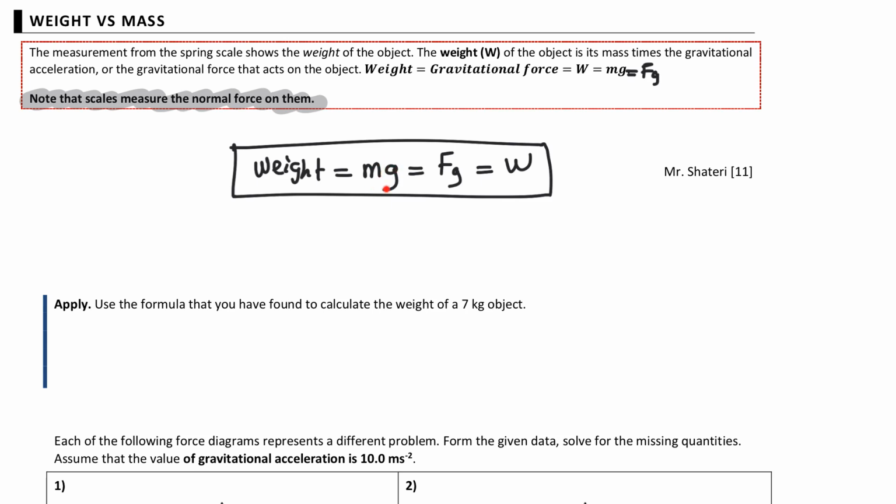So this is g. g is only a magnitude. Usually, if you're writing it as a force, we will also indicate which direction it's acting in. The other thing that is mentioned here is that if you have a spring scale that measures your weight, what it actually does is look at whenever you're in contact with it, there's a normal force acting on you, and from the scale to the person, this is the force that's measured by the scale.